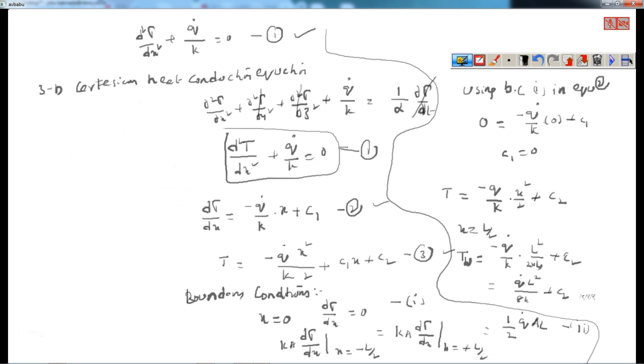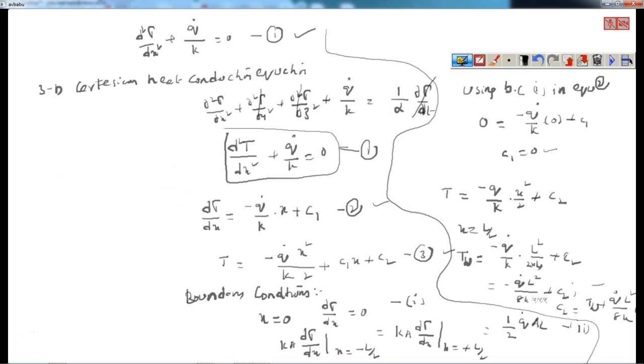Now C2 would become, C2 is equal to TW plus Q dot L square by 8K. So now with the given two boundary conditions, I could find C1 and C2.